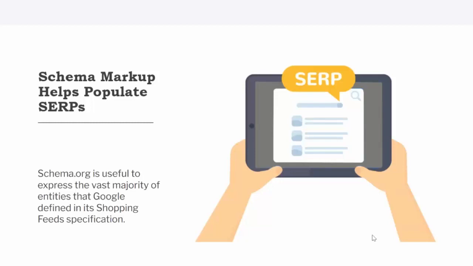But schema.org now has been able to let you put right in your content the information, the structured data, the details that will cover the vast majority of entities that Google has previously used and leaned on in its shopping feeds. So this is giving organic search for products a tremendous lift. Next slide.